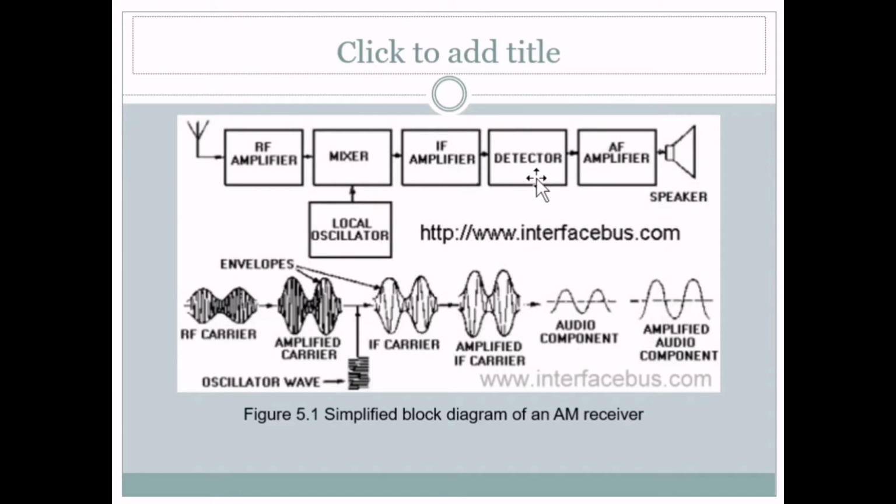The detector is the demodulator. From the AM signal, it will demodulate, and what comes out is only the baseband signal, or what we call the modulating signal. Before it goes to the speaker, the baseband signal will be amplified again to boost the signal.